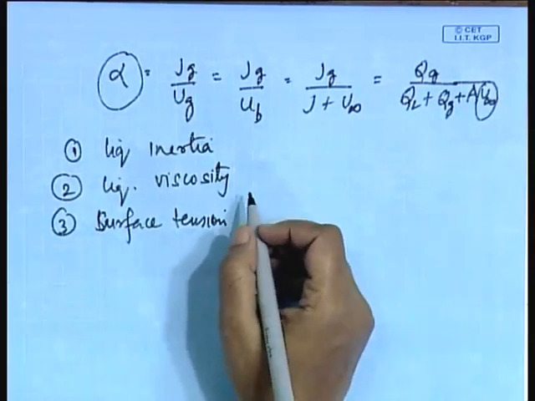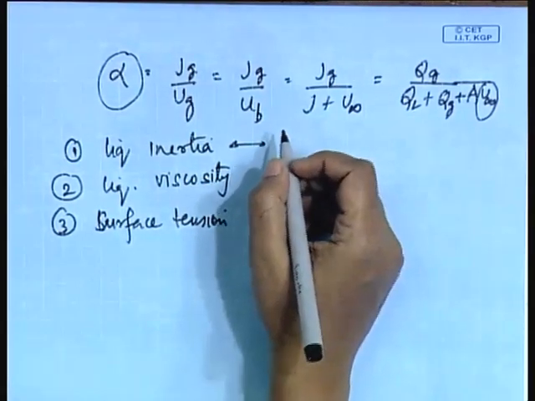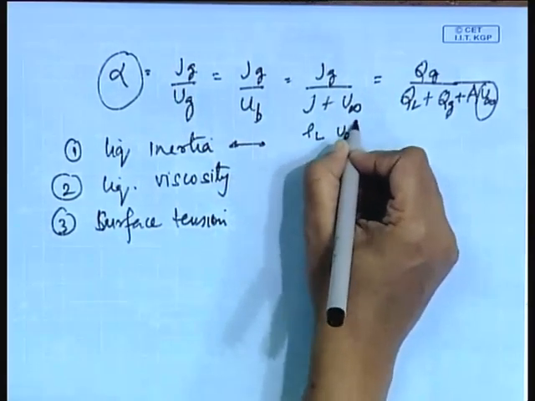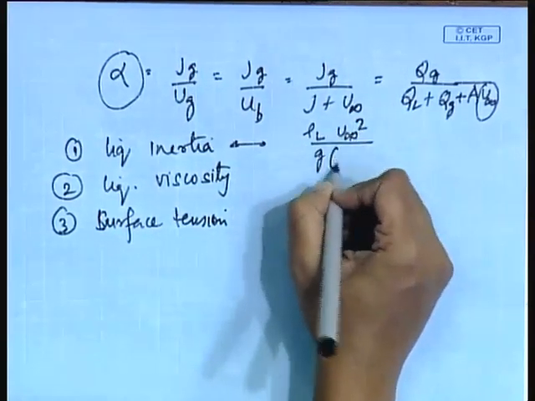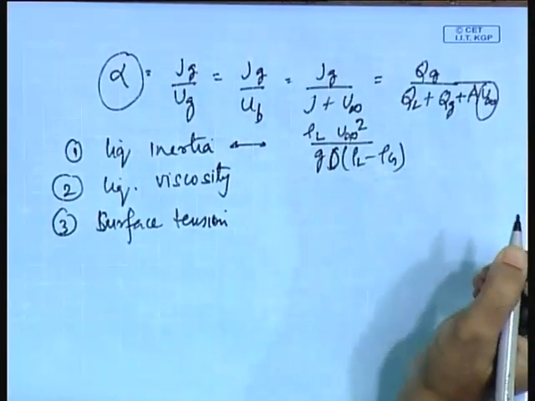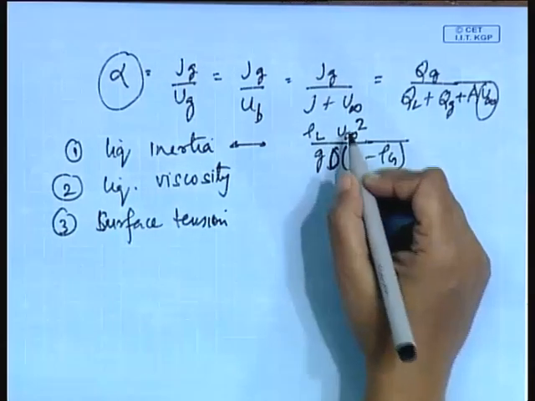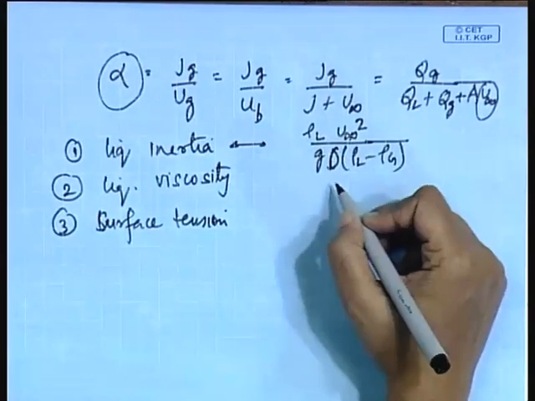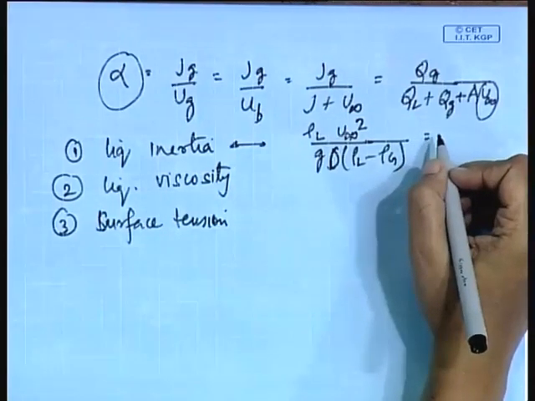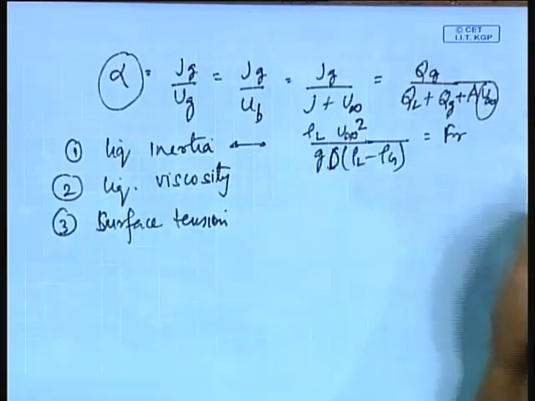Now, a balance of liquid inertia and buoyancy, what does it give? If we balance these two, we get a dimensionless group something of this sort, G d rho L minus rho g. If we balance buoyant force and liquid inertia, we get this, which I am very sure you have come across earlier. This is nothing but the Froude number.